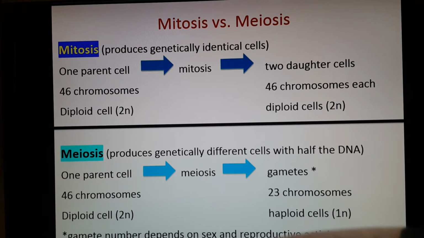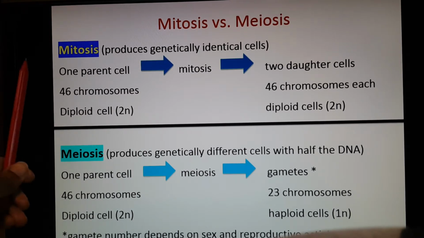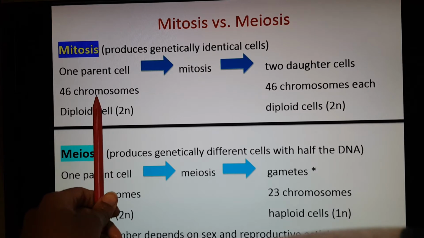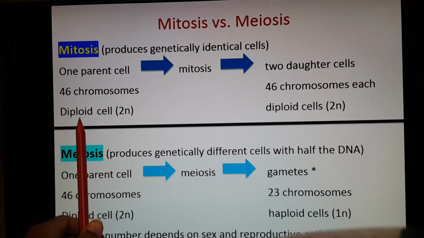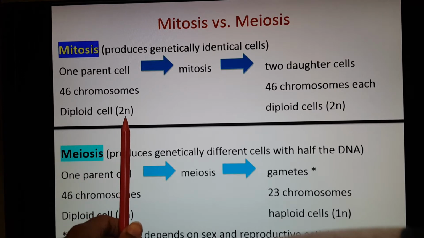Okay, so we've gone through mitosis from last semester. Its job is to produce genetically identical cells, so just your regular normal cells creating more cells. You start off with your one parent cell that has 46 single-stranded chromosomes. This is called a diploid cell, so sometimes you'll see it marked off as a 2N cell.